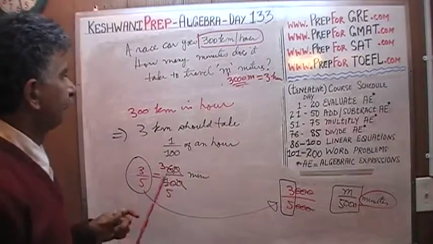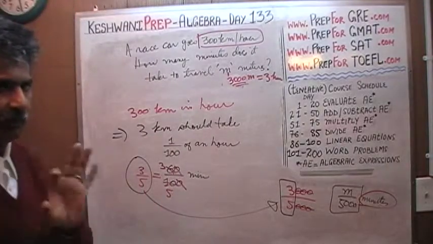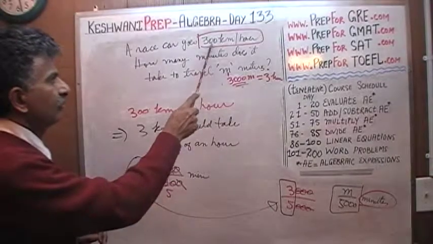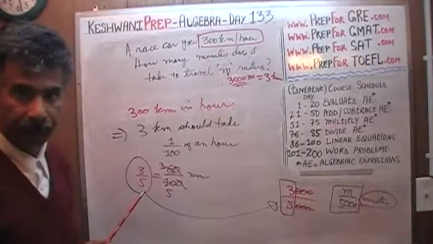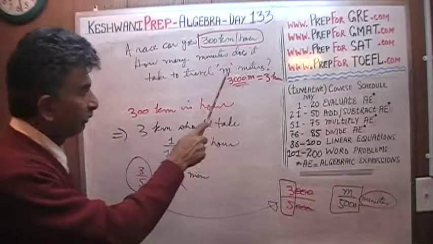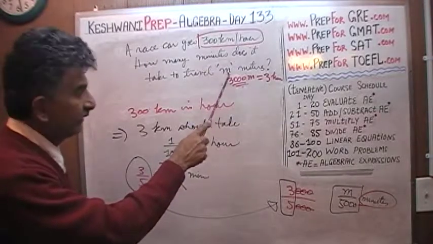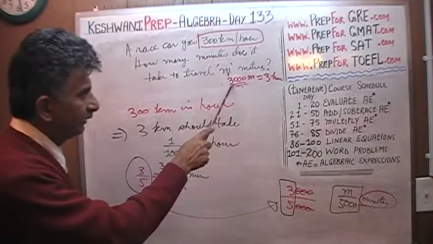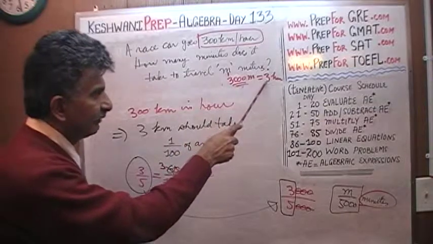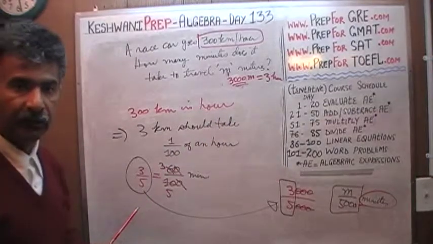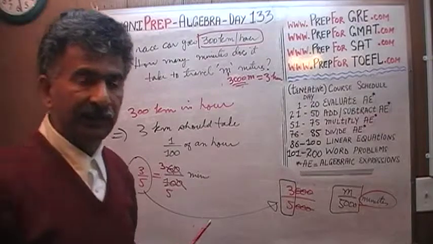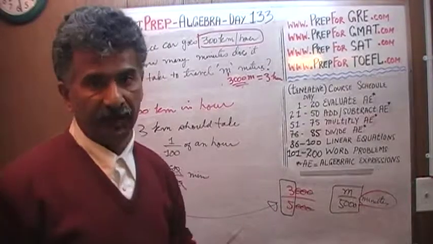Let's do one more time. The first time when we plugged in was a very small number. It did not work. Here's the deal. The guy is going 300 kilometers an hour. We want him to go 3 kilometers because we plugged in 3,000 for m. We're replacing m with 3,000. 3,000 meters is the same as 3 kilometers. If he's going 300 kilometers an hour, 3 kilometers should take him 1/100th of an hour.